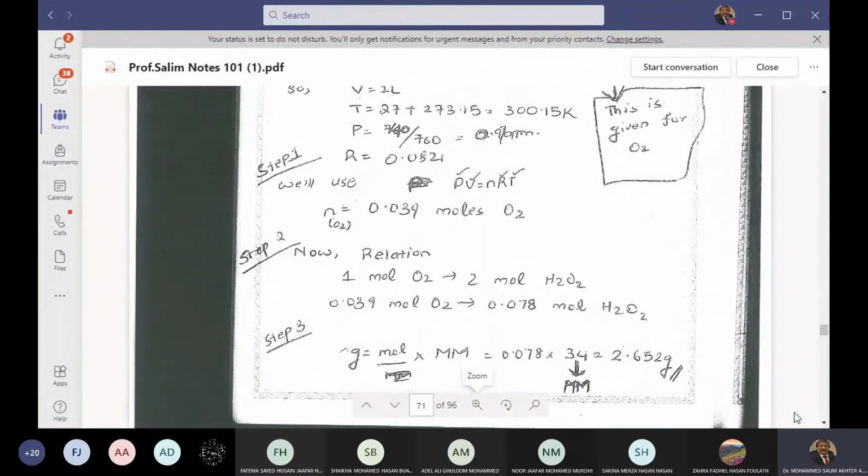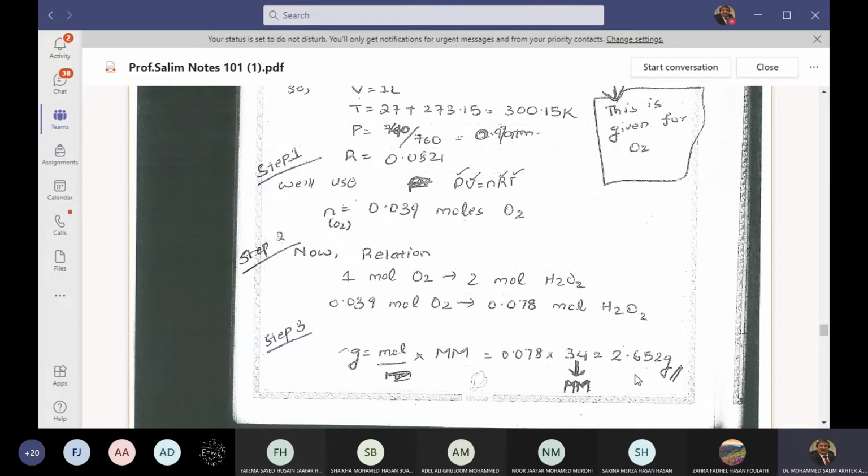So my relationship is 1 mole O2 to 2 mole H2O2. 0.039 mole O2 gives 0.078, because I multiply by this. Is this my answer? No. Why? Because I want how many grams of H2O2 are needed. So if I know mole, can I get gram?